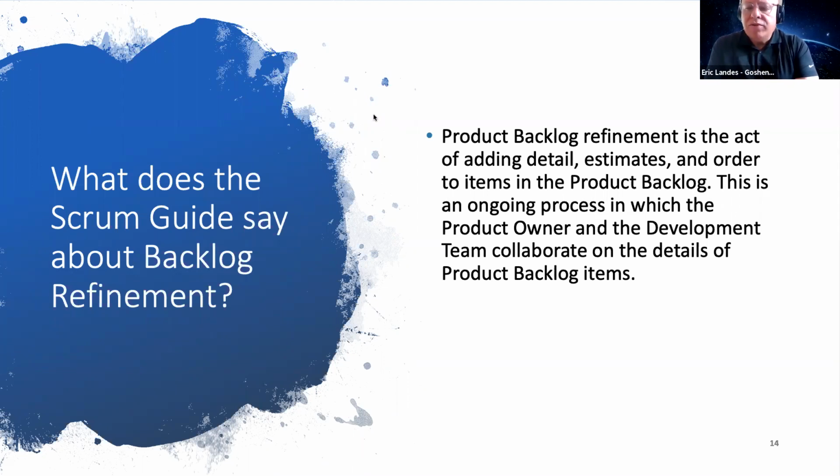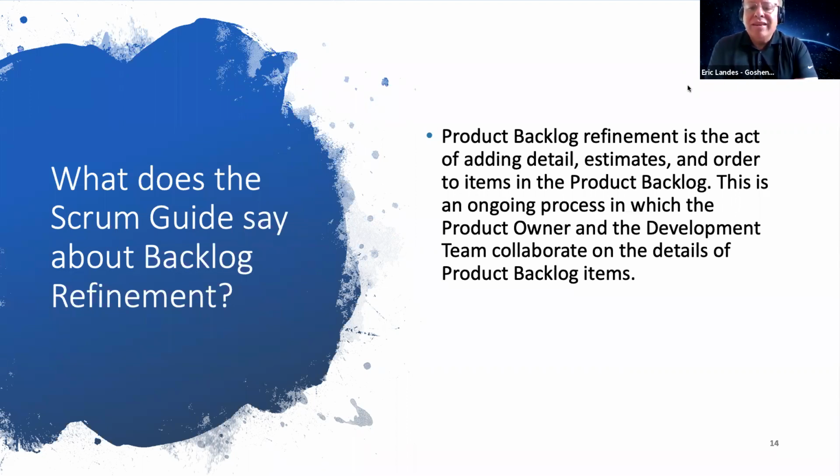That's working out. So let's talk about backlog refinement. I assume most folks understand what we're talking about when I talk about product backlog refinement, but let's just back up. We're assuming Scrum, this is a Scrum term, and let's look, what does the Scrum Guide actually say about backlog refinement? As you can see here, we've got a nice little quote that it is the act of adding detail, estimates, and order to items in the product backlog.